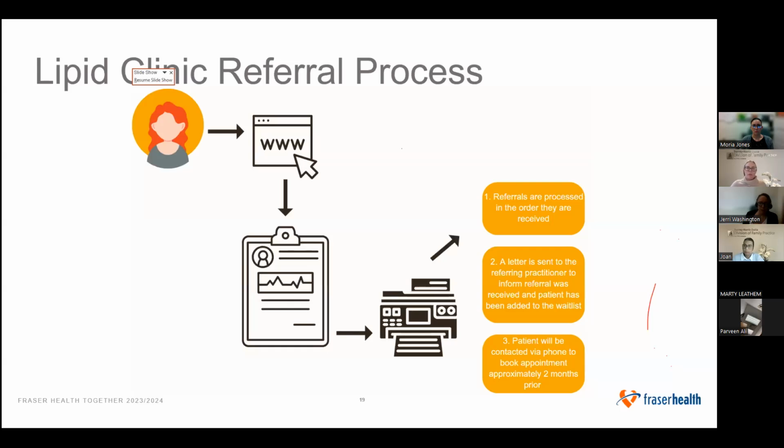Then approximately 2 months in advance to their first appointment, the client is called, provided their appointment date and time, as well as the follow-up lab requisition, and all of that is mailed to the client. We will also send a second letter to the referring practitioner of the appointment date and time.